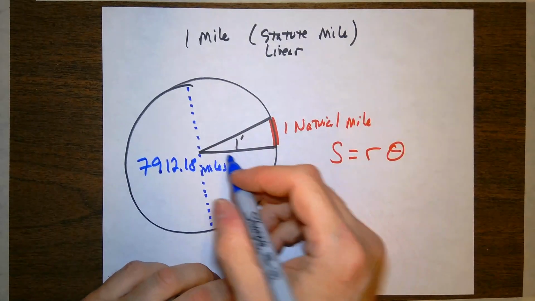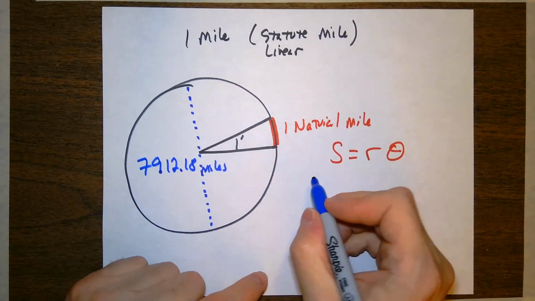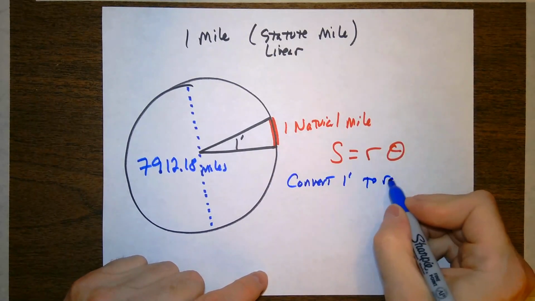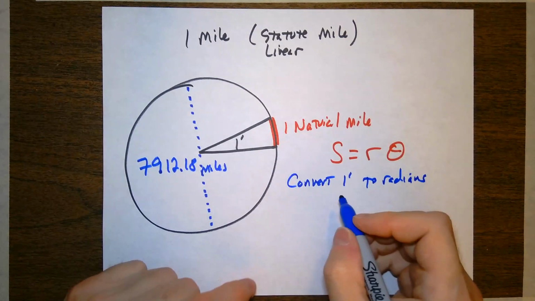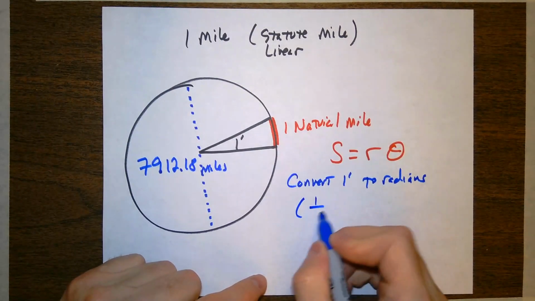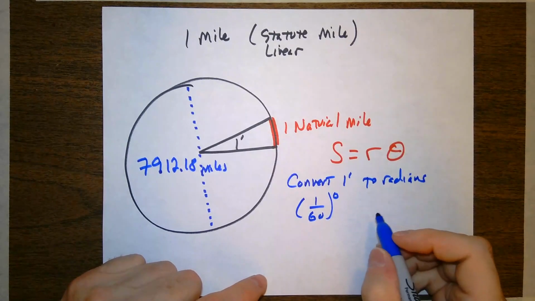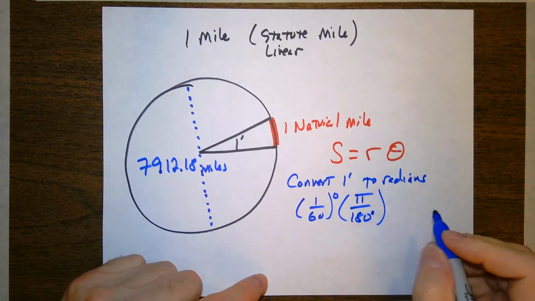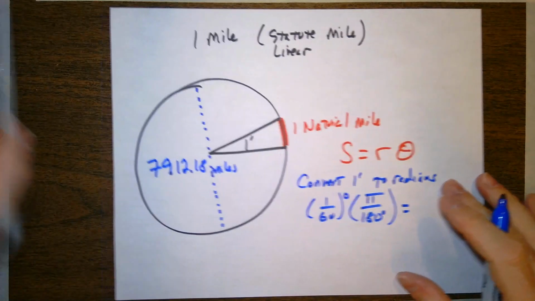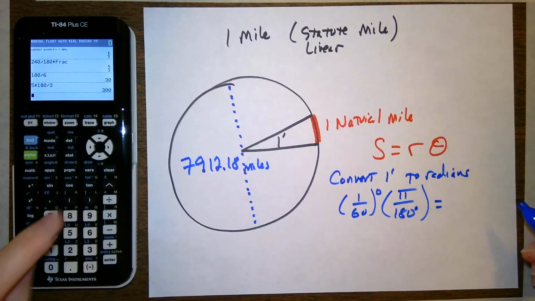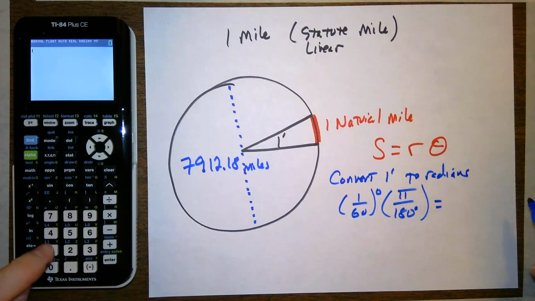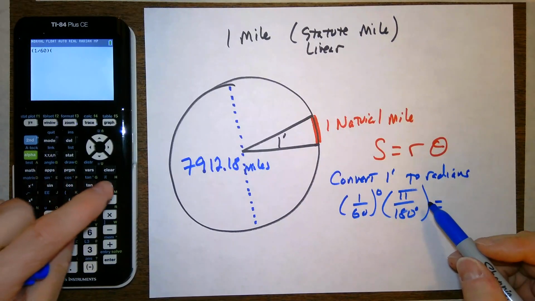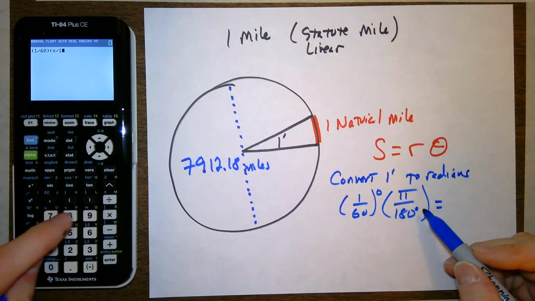All right, so let's convert 1 minute to radians. 1 minute angle to radians. Well, 1 minute is 1/60th of a degree times my pi over 180 degrees. And if I multiply this out, I'm going to use my calculator here. 1 divided by 60 times pi divided by 180.